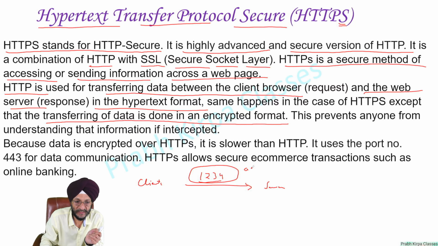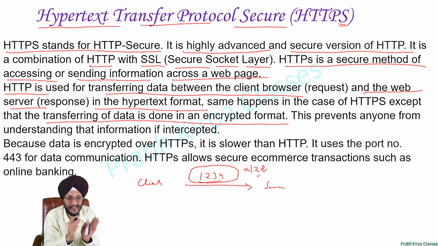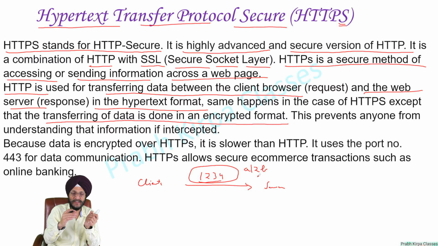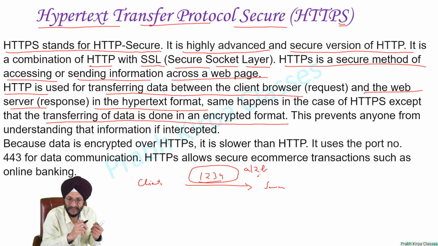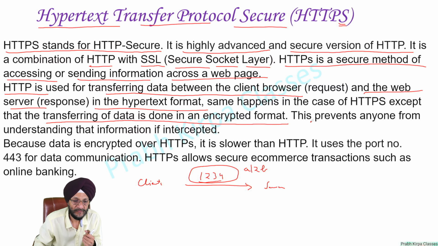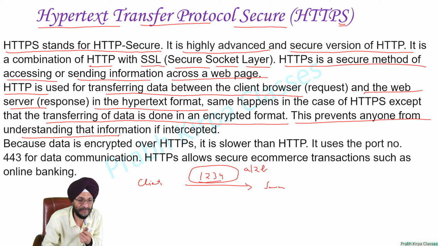Say it may be like this: A1 to B. That is, the data will be converted into the encrypted format so that any person who may be the hacker or the intruder may not understand the data while it is in transit. This prevents anyone from understanding that information if intercepted in between.